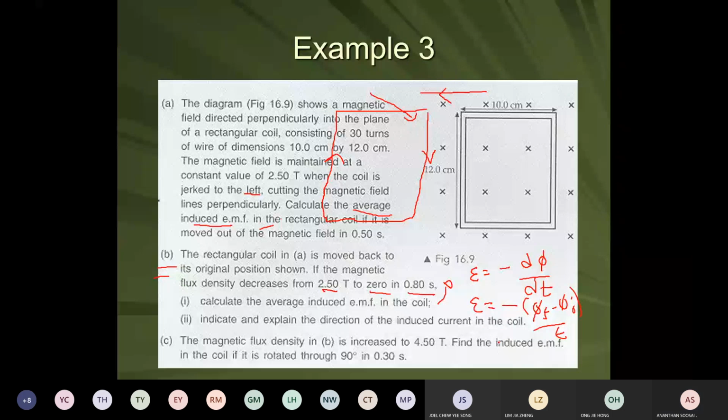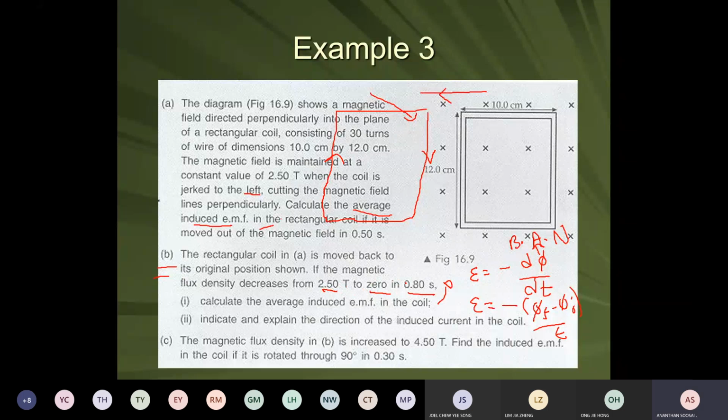Okay. So now, is the flux changing? Flux should change, right? Because the magnetic flux linkage is made of three components: B, A and N. If any one of them changes, the flux will change. In this case, B is changing.